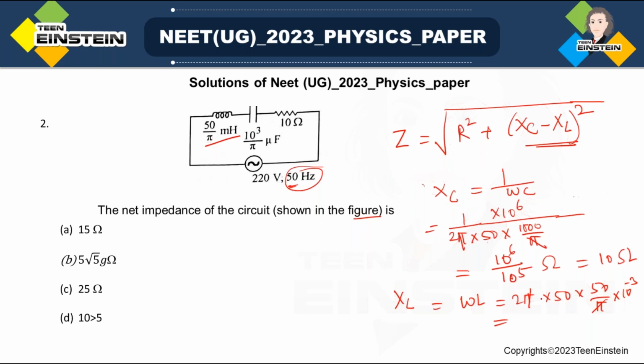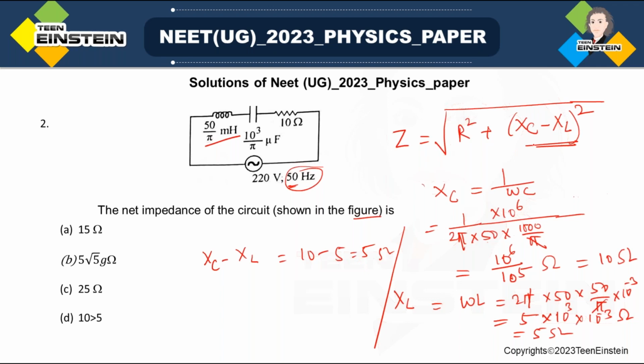Here it will be 5 into 10^3, and 10^-3 is there, so you will get 5 ohm. Then Xc minus XL will be 10 minus 5, which is again 5 ohm.